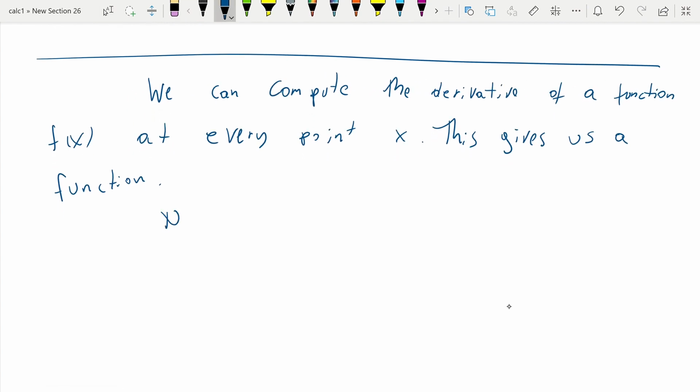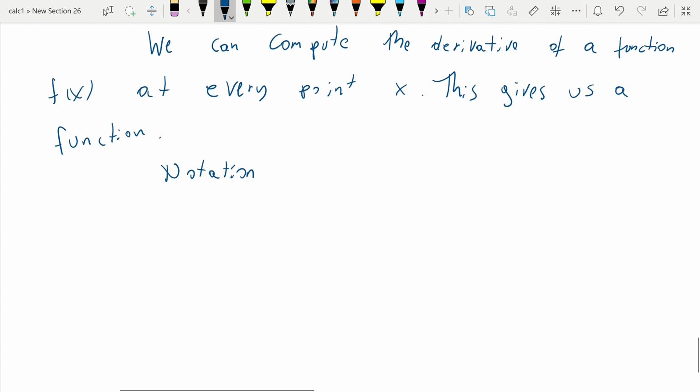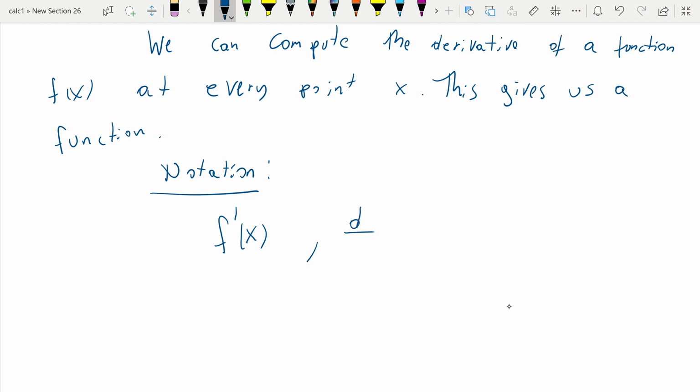So for the notation here for the derivative, we'll use two. We write the derivative in two different ways: f prime of x or d/dx of f.